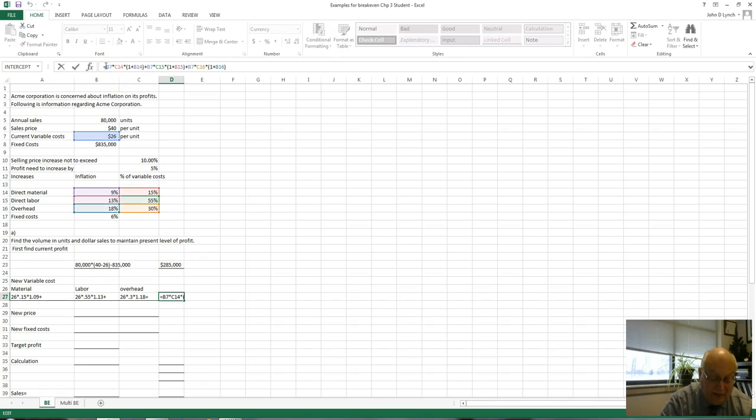Now to be safe about it, we can use the round function on this, and we go to 2 decimal places, and it gives you $29.61.